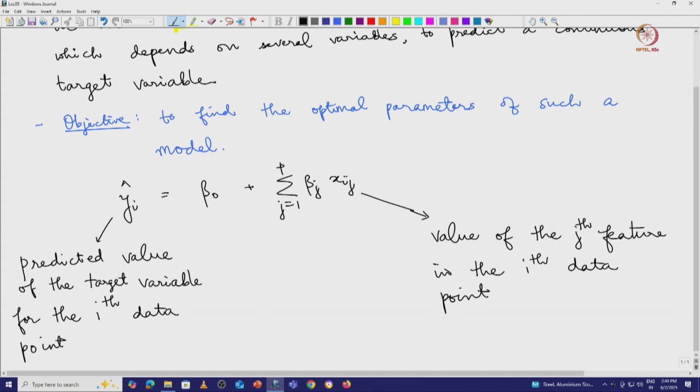So the index of the features is j, and as you can see in this summation, j is going from 1 to p. So that makes p the total number of features in the model, right. So p is the total number of features in the model.